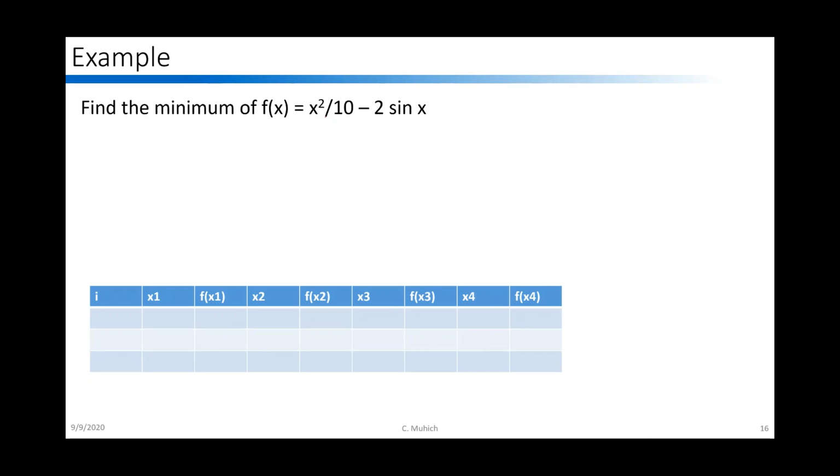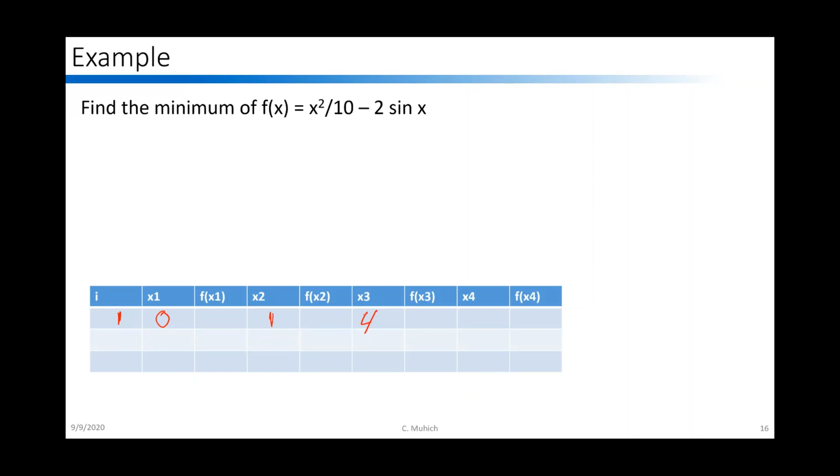The first thing that we need to do is come up with a series of estimates. So let's pick 0 as an x1 and 4 as an x3. Possibly plotting this out earlier would give you an idea of where that minimum is.